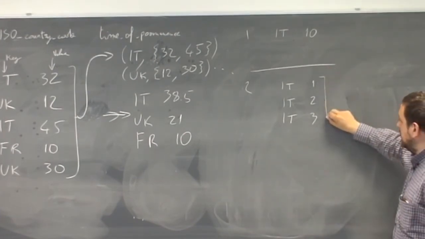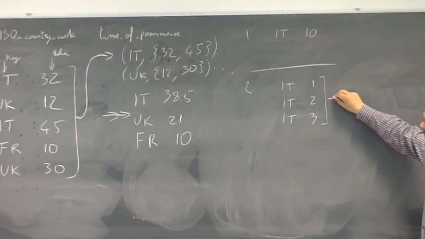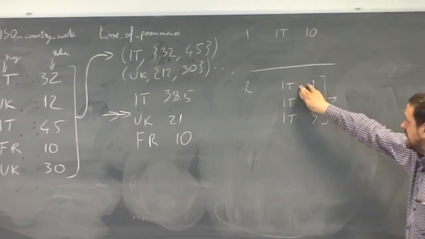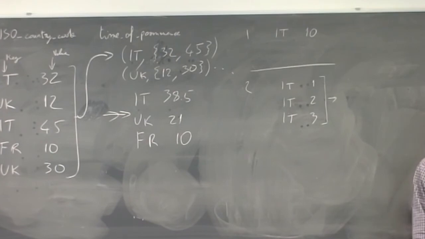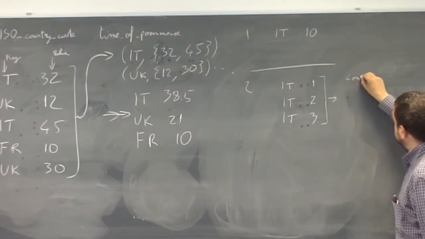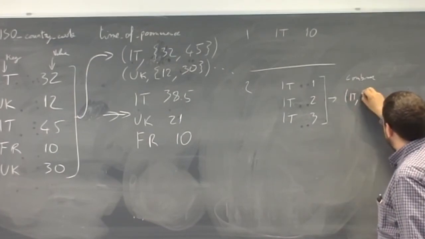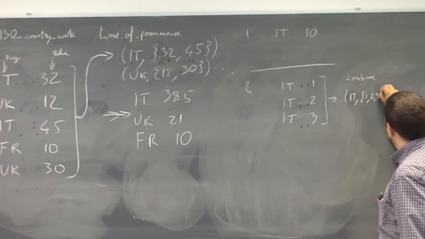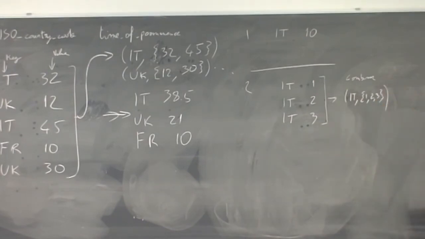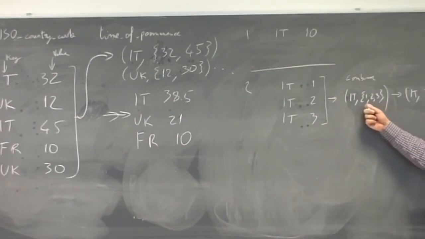The idea is that here the mapper produces these 3 records, and the combiner receives the string IT with 1, 2, and 3. And here, of course, it's going to produce this as an outcome. Okay, the average between 1, 2, and 3, of course, is 2.